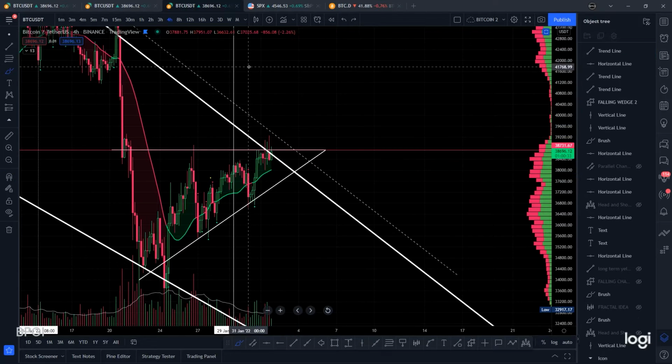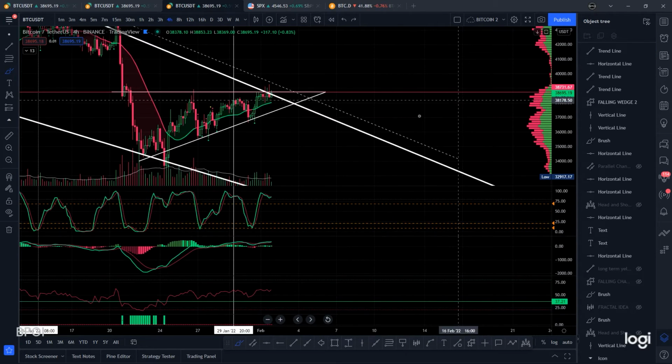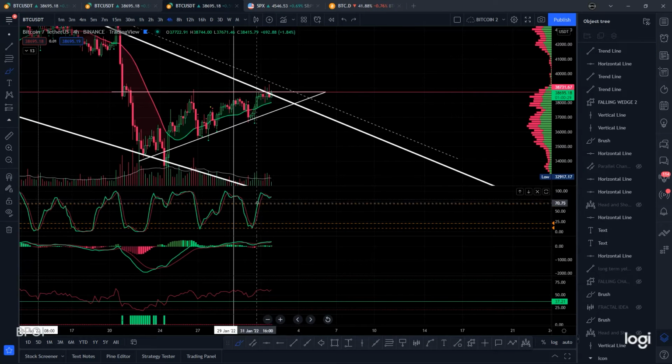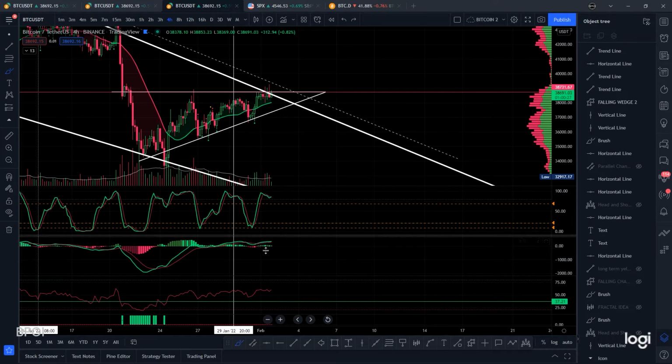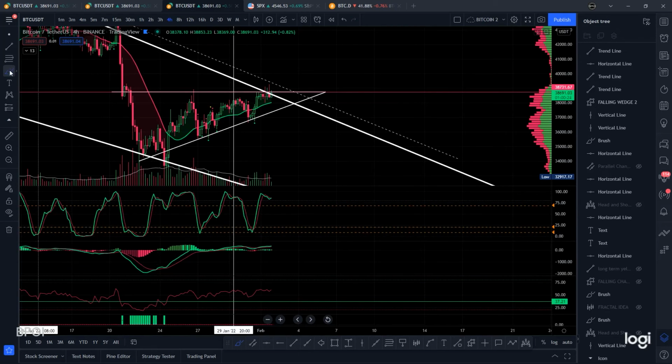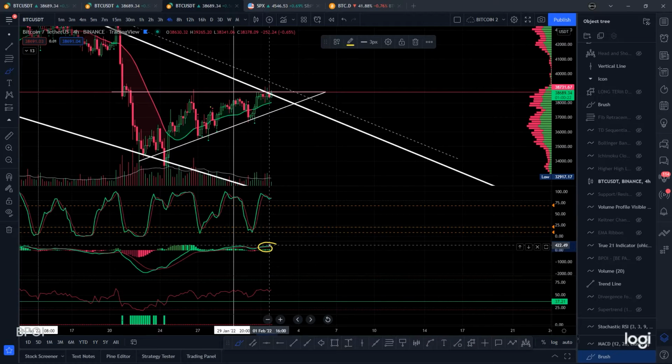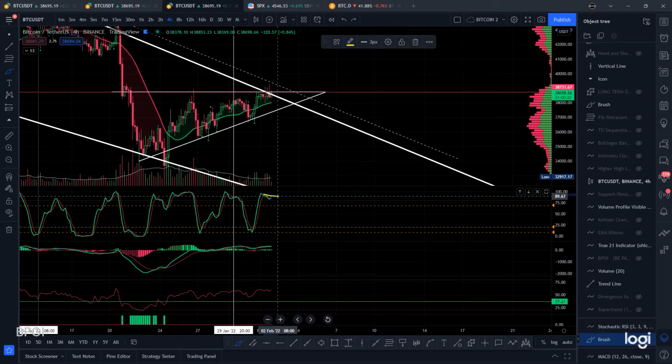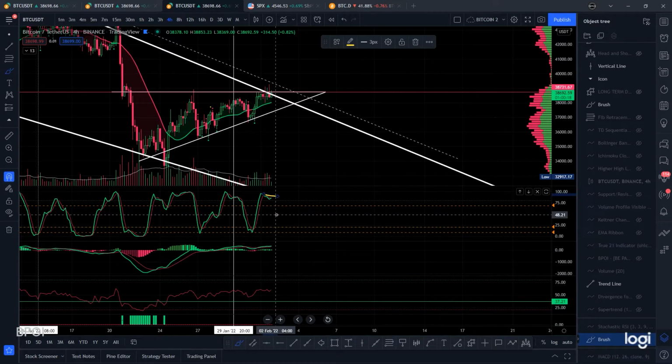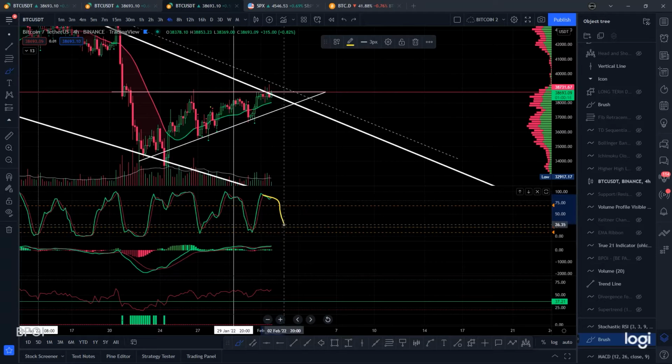So let's just have a look at the indicators. The 4-hour is still overbought, although it's being pegged to the top. The MACD is bullish and moving higher here, which is pegging the stock RSI to the top. At some stage you've got to expect this to move back down.